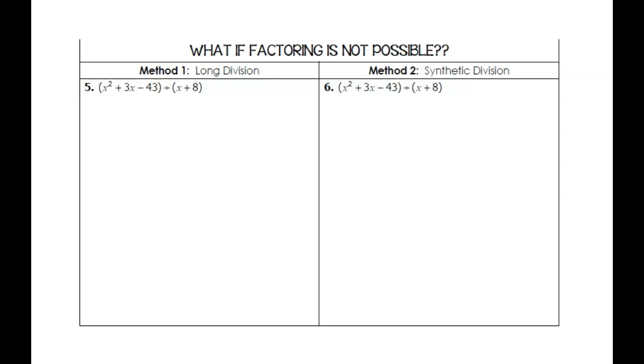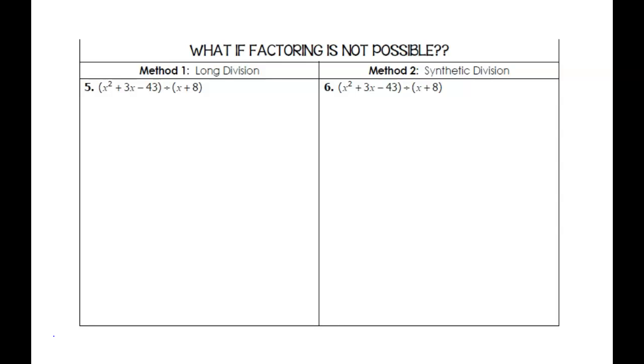Well, sometimes we get a polynomial function, like the one that I gave you for your zero check-in, that is not factorable. I can't factor it. So what do I do when I need to find the zeros and for unknown reason my calculator is not working? I'm going to use this method called synthetic division.